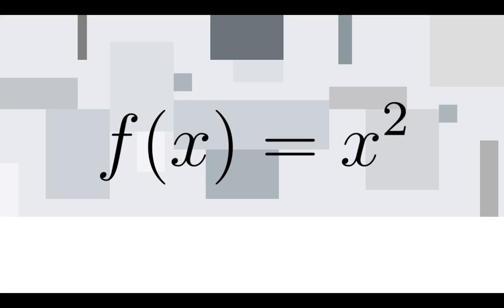The syntax for calling a function in Python is similar to the mathematical notation of functions. For example, if we want to define a function that takes a number as input and returns its square, we express it mathematically as f of x is equal to x squared, where f is the name of the function and x is its argument.